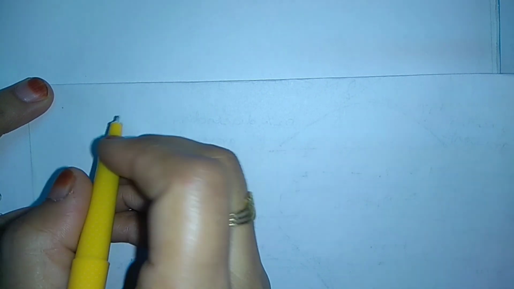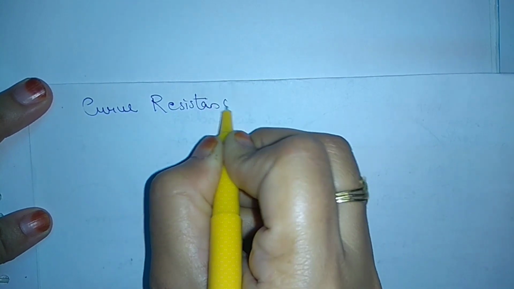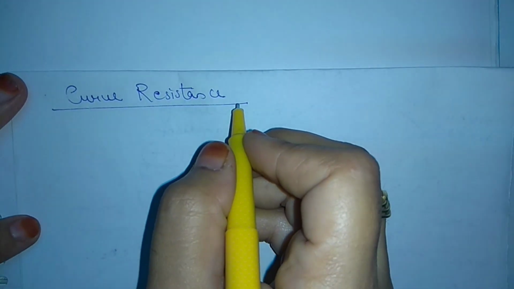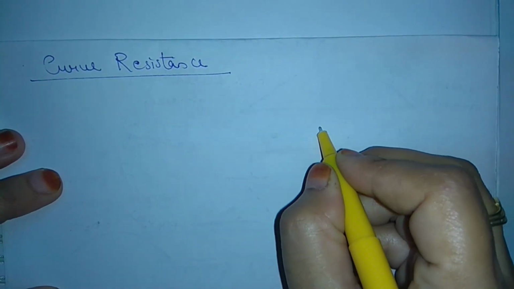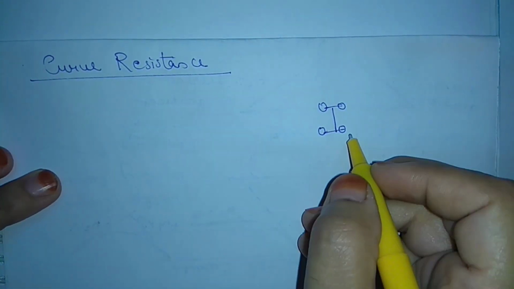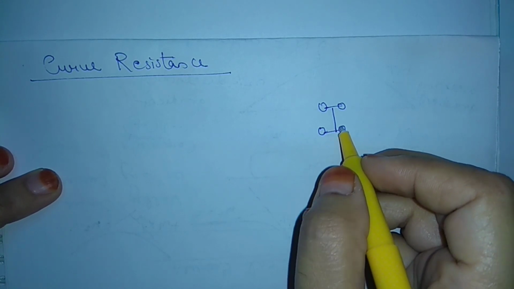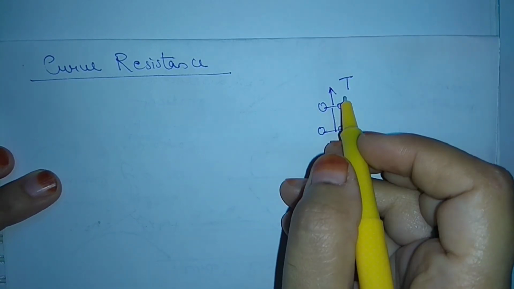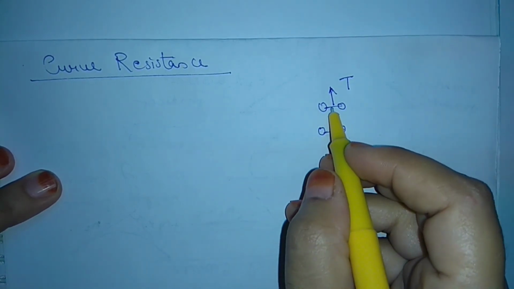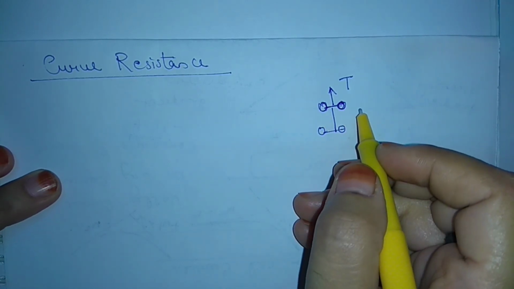One more thing I want to tell you is the curve resistance. This is also an important topic, and it is asked in objective type. What is curve resistance? Suppose this is our vehicle. When our rear wheels provide the push, or technically the tractive force T, that force is responsible to make the front wheels keep moving.